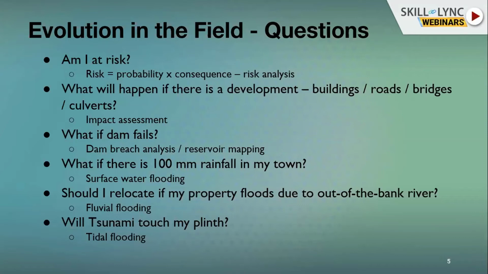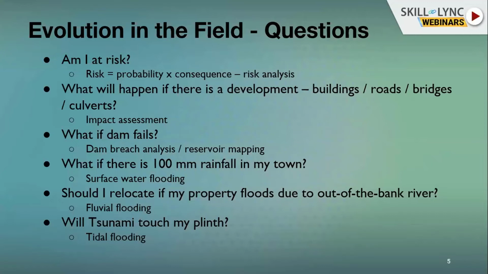Then we usually see, at least in India, during monsoons, our areas getting flooded. So to answer these questions: will my property flood or not? Or if I have 100 millimeters of rainfall, that comes under surface water flooding, which we also call pluvial flooding.